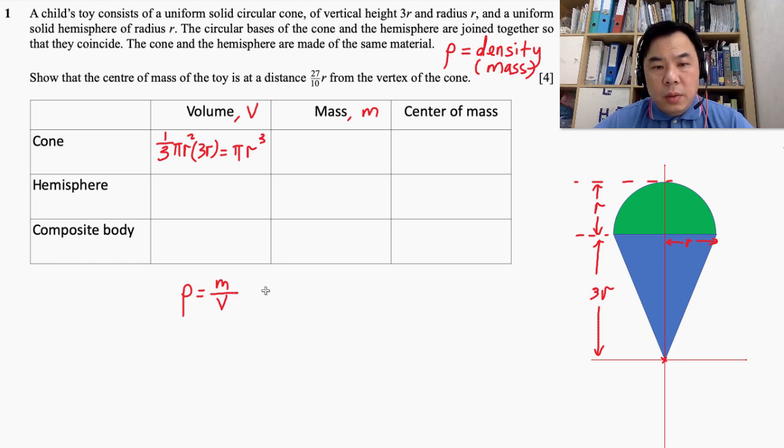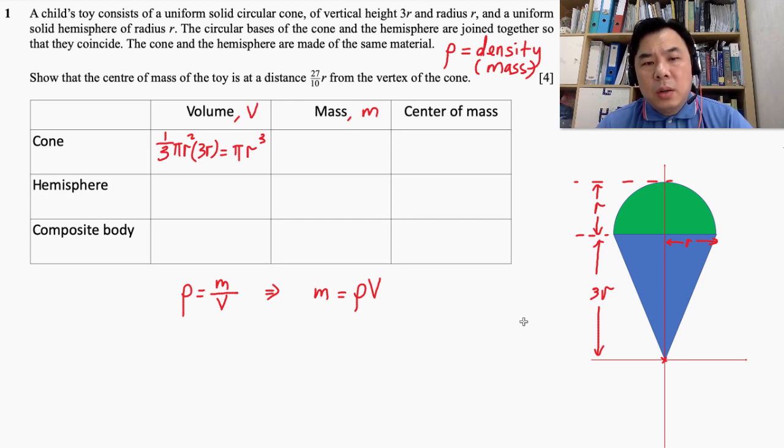Therefore, in this case, you can see that the mass is basically density multiplied by volume. Here we are quite lucky because both of these materials are made of the same compound, or same elements.